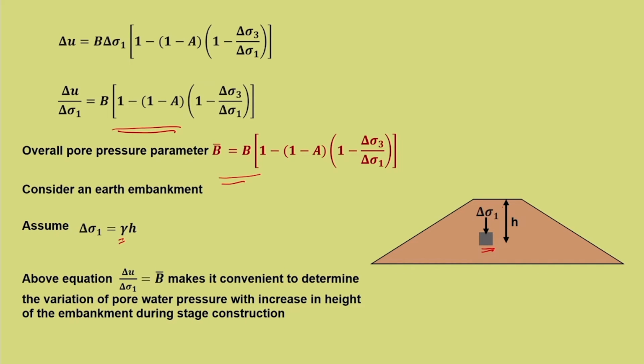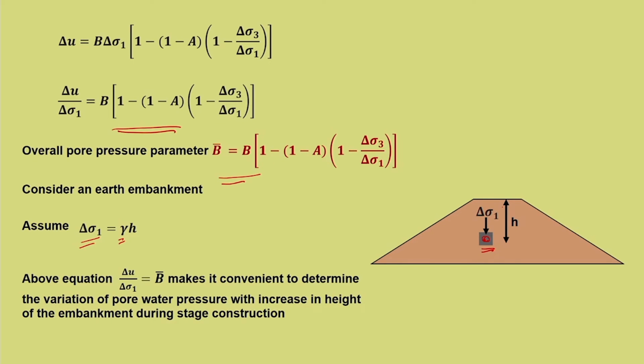So, whatever change is happening at this point is entirely due to its geostatic stress, which is gamma h, and that is true also because there is no other load acting. Whatever superimposed load is acting at this point can be assumed as the major principal stress delta sigma 1, which means any kind of loading is represented in terms of delta sigma 1.